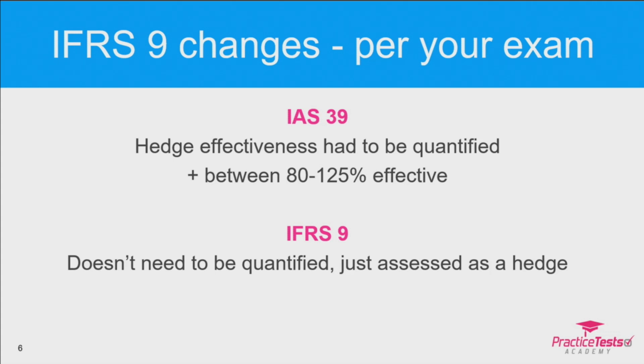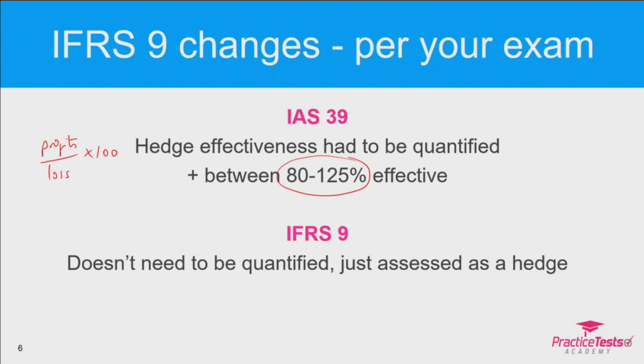The way we used to calculate that is we'd take the profits on one and divide it by the losses on the other and multiply by 100 to get a hedge effectiveness. With an ideal hedge, the profits are going to equal the losses, so that's going to come out at smack on 100%. But there was a little bit of variation allowed in IAS 39. A percentage effectiveness of between 80 and 125% was deemed to be effective. If it fell outside of that, then you couldn't really say you had a hedge in place.